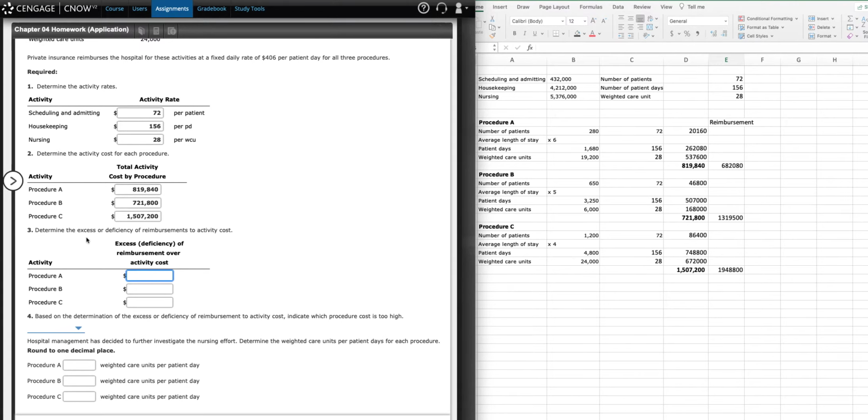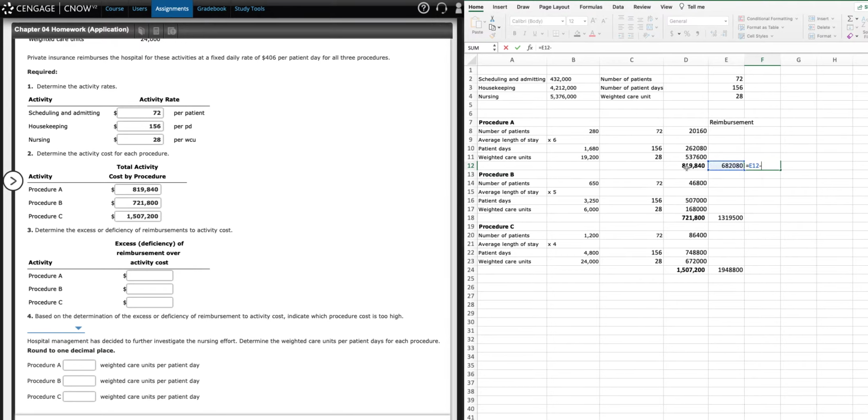And so this is asking us to figure out the excess or deficiency. So now we need to subtract what we're being paid minus the cost to us. So the reimbursement of $682,000 minus the cost of $819,000 obviously gives us a deficiency. And then in these other two categories, that's not the case.